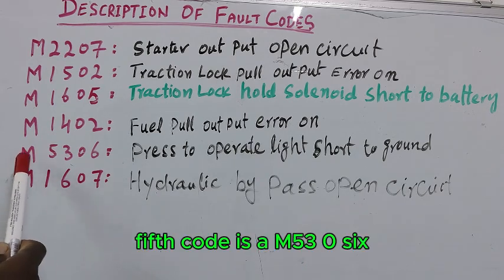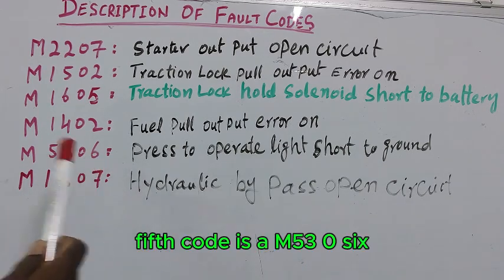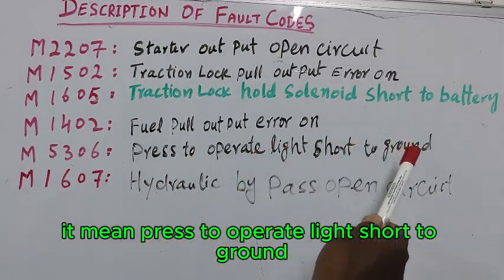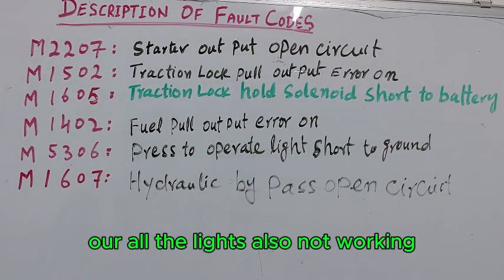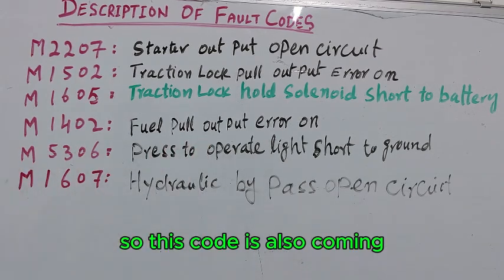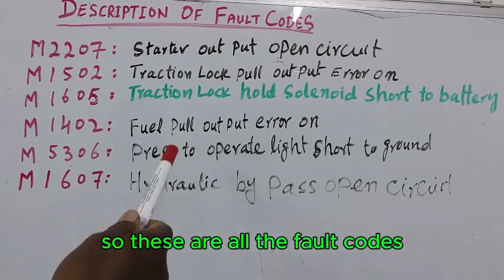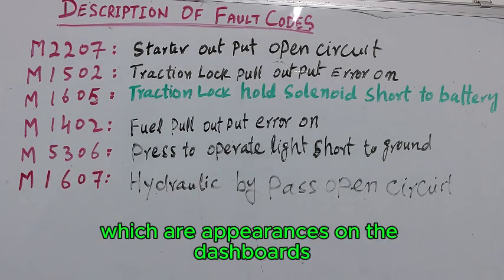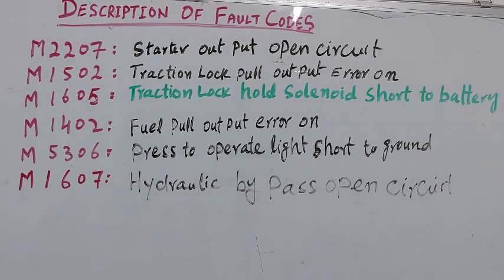Fifth code is M5306. It means press to operate light short to ground. All the lights are also not working, so this code is also coming. So these are all the fault codes which are appearing on the dashboard.